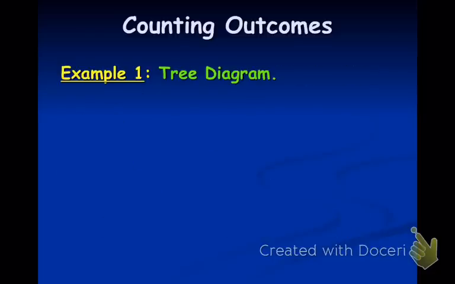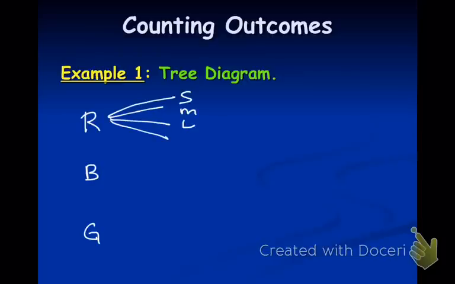I'm going to write down those 3 colors: red, blue, and green. These are my 3 color options, and from there I'm going to split them off into the different sizes. From my color choice, I split off to 4 possible sizes: small, medium, large, and extra large.